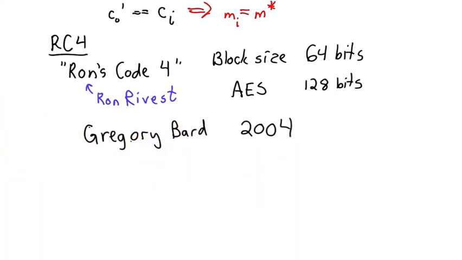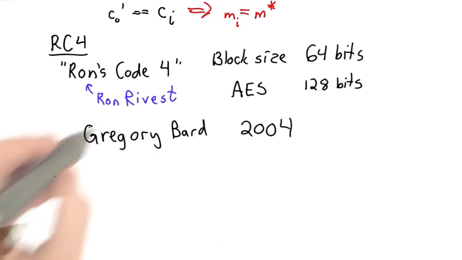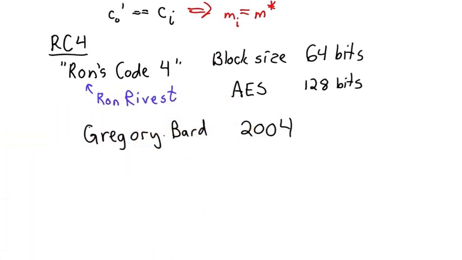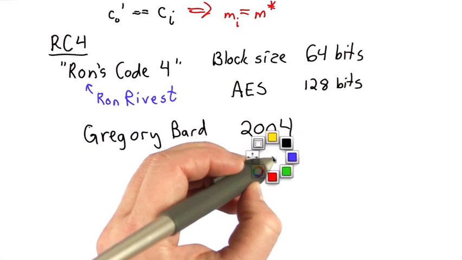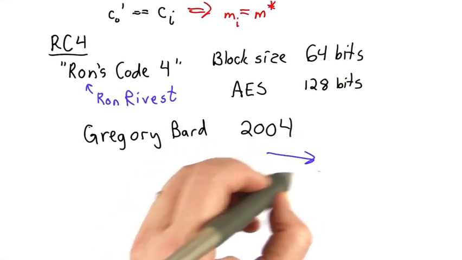It was identified by Gregory Bard in 2004 and viewed as not too serious of a problem with TLS because it does give an attacker an advantage, but these blocks are big enough that the ability to do this, and if you can only guess one more message, if you can only control the server, well, you don't have too much power. And it assumes a quite powerful attacker that has an ability to control the messages the server is going to send.